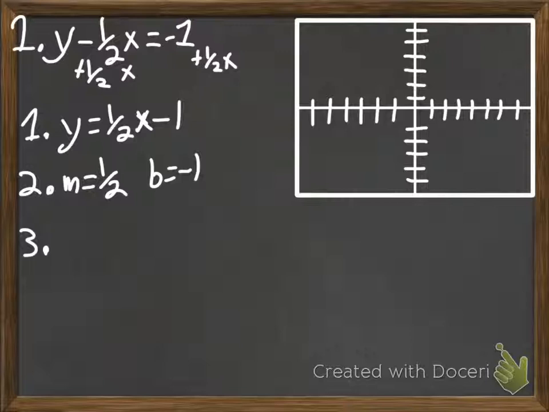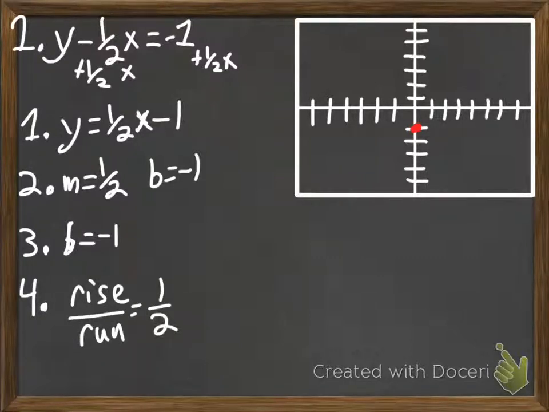Step 3 is to plot the y-intercept. We're going to plot b equals -1. So over here on the graph, I'm going to start from 0, 0, and I'm going to go down to -1. Step 4 is to use the slope. So it's rise over run.